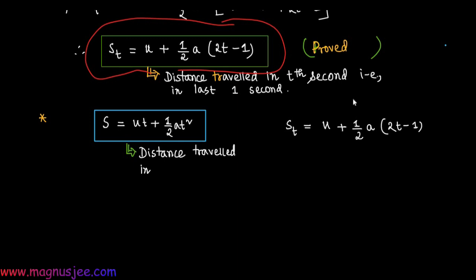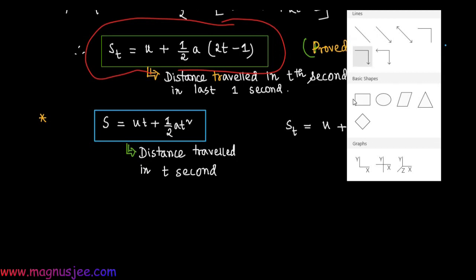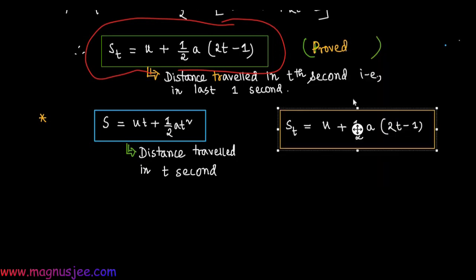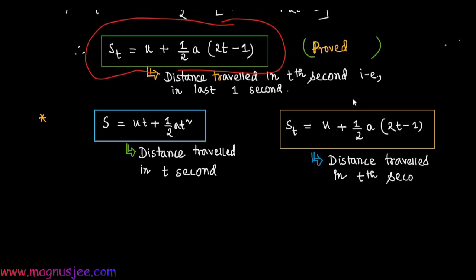On the right hand side we can write s t equal to u plus half a (2t minus 1), which is the distance traveled in the last 1 second, that is, in the tth second.